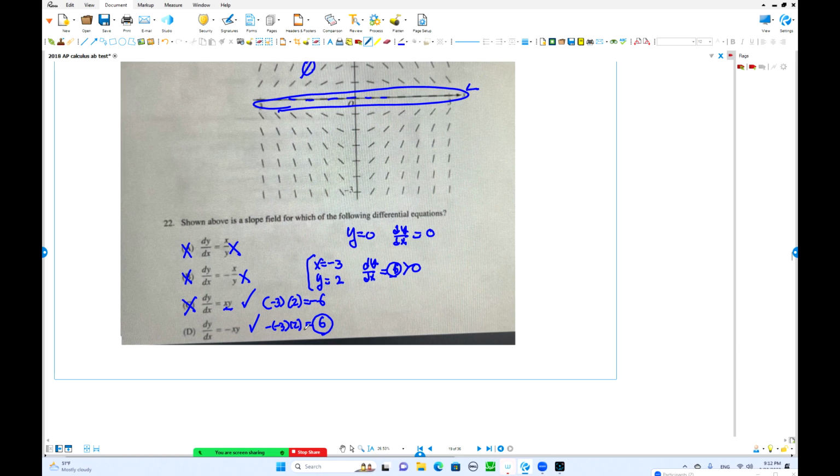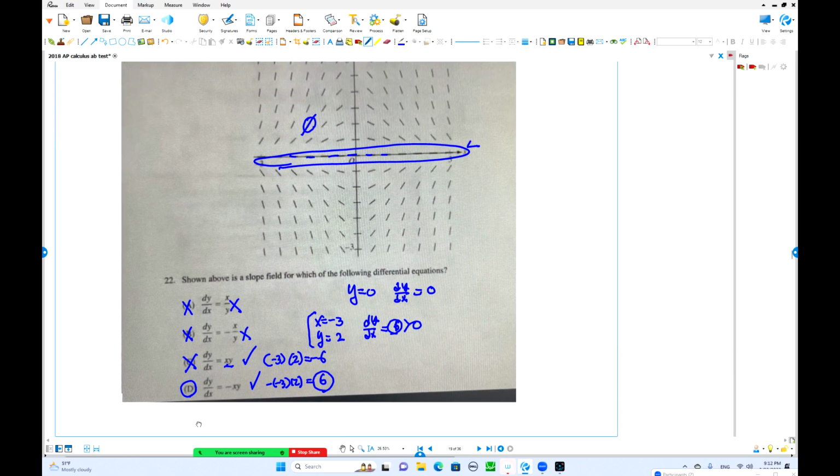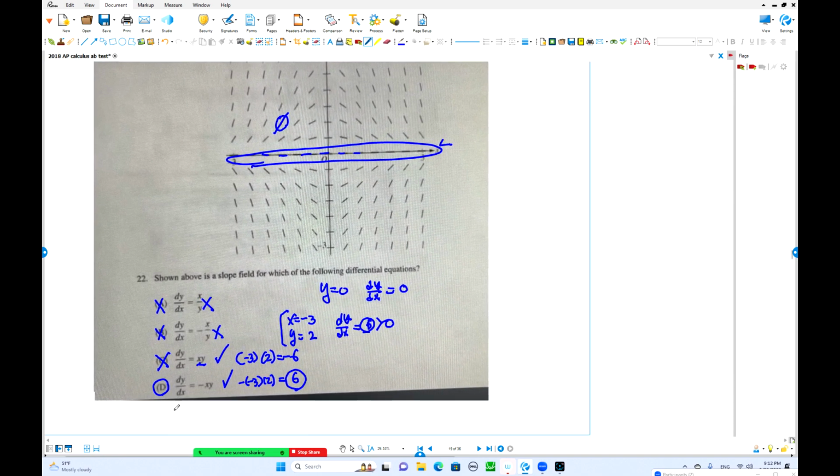So this slope field is for this differential equation. You understand this number 22? They always give these questions every test. Do you remember slope fields?